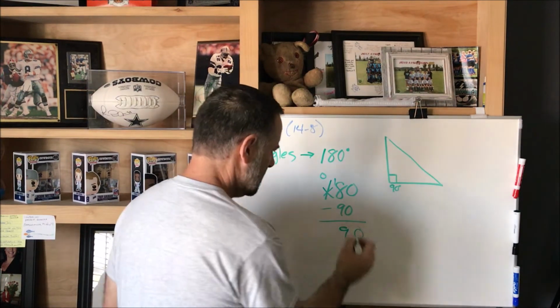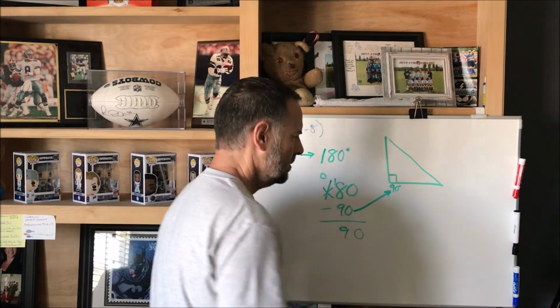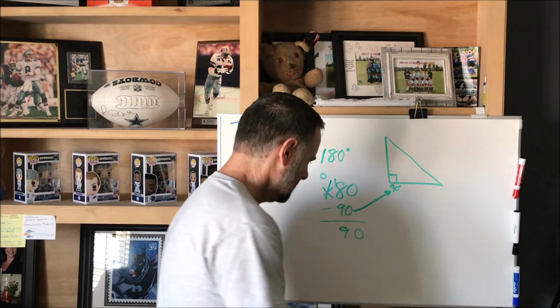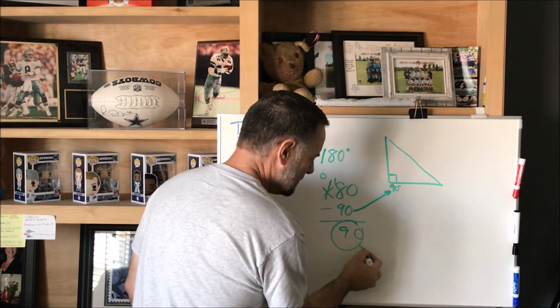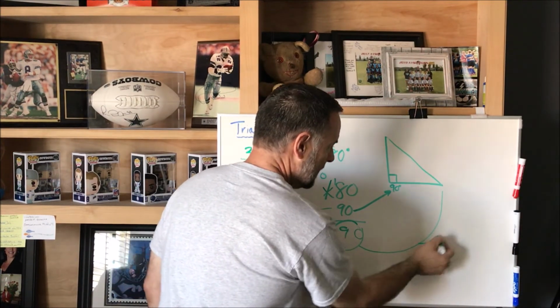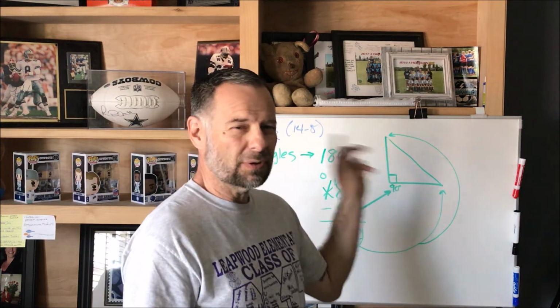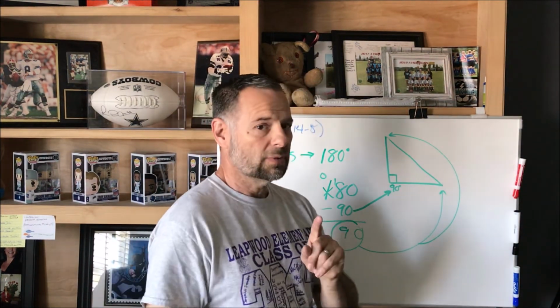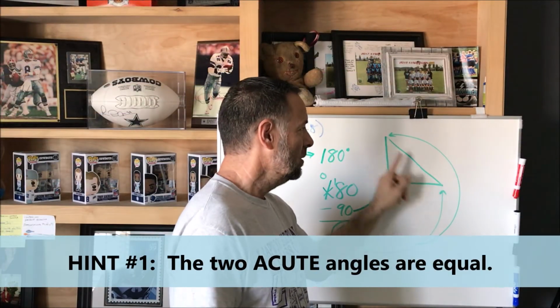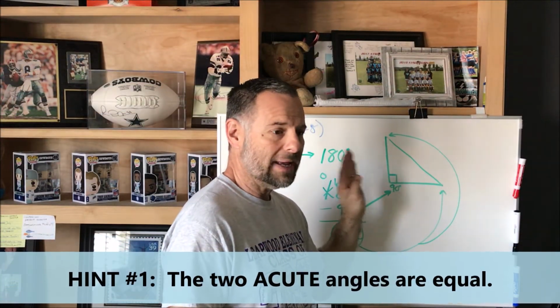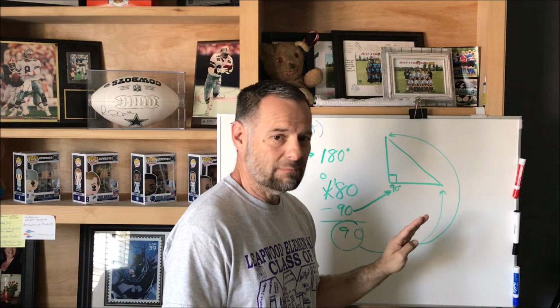Okay, so if this angle is 90 degrees, this one has to be broken up to here and to here. I have to break that one up into both of those corners. Now I told you they're equal corners. Those 2 angles are equal. They're the same measurement.